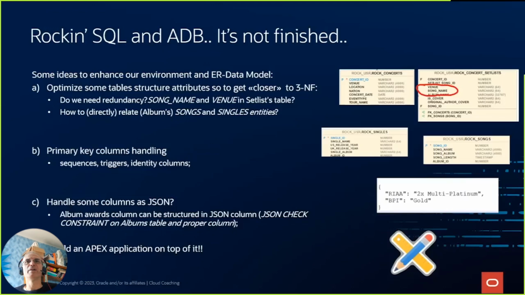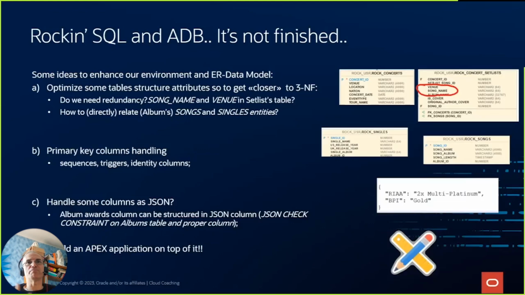Making an example, I know that the single is for sure a song of a given album. Let's simplify, it's not always in this way, but let's simplify. But a song of an album is not necessarily a single. So we are already imagining a 0-to-1 relationship in this case. So my entity relationship data model can be improved, maybe relating directly the songs and the singles.